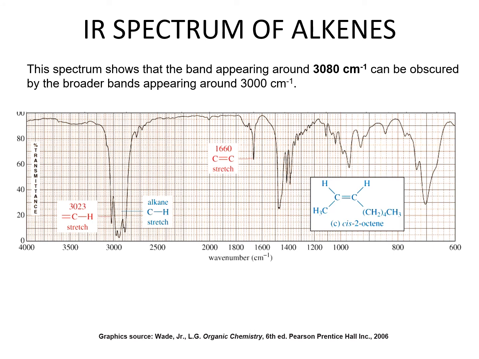So if you see here, it's cis-2-octene. However, the CH of the vinyl hydrogen, the CH that occurs around 3023, is masked by the broad peak appearing between 3000 to 3080 in the IR spectrum.